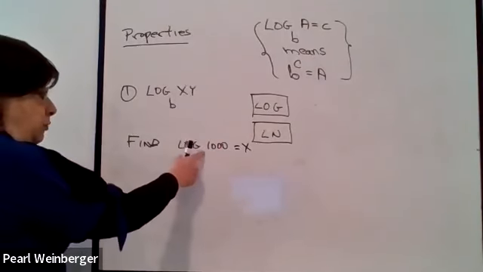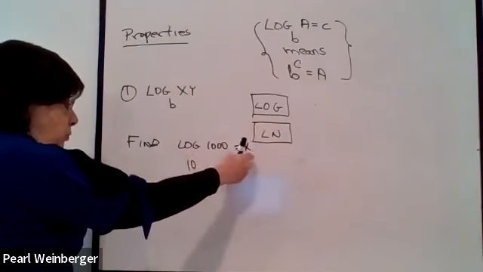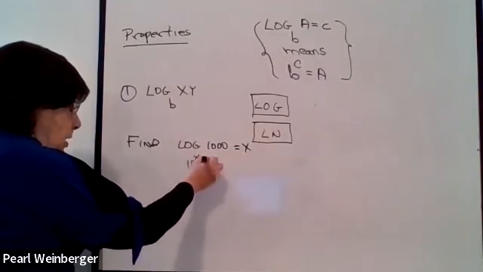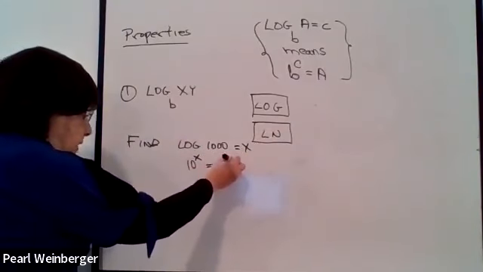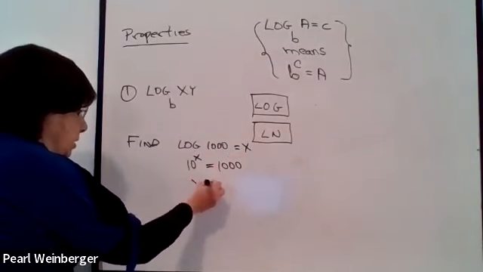So in exponential form, my base would be 10, my exponent would be X, and 10 to the X equals 1,000, tells me that the X is 3.